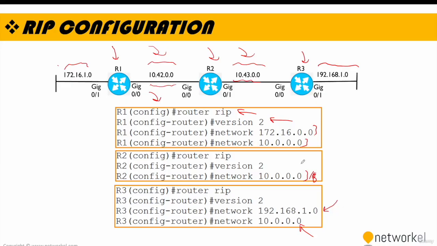So if you see some network starting with 10, basically you are putting 3 contiguous 0s. If you see something with the B class, you are putting 2 zeros at the end, and for the C class you are putting just 1 zero at the end. That's it.